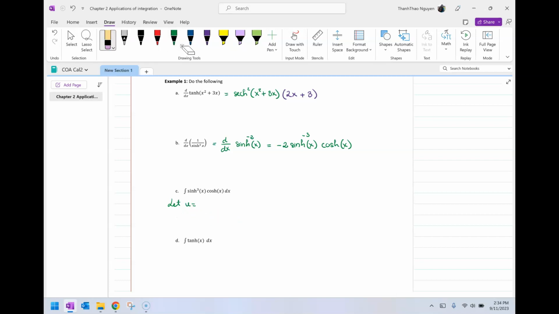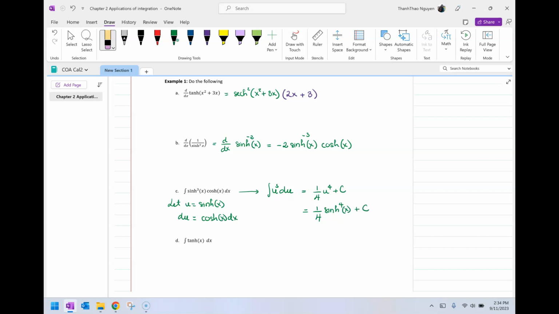Let u equal sinh of x. Then du equals cosh of x dx. Then I can rewrite my integral as the integral of u cubed du, which is equal to 1/4 u to the 4th plus a constant, and use the substitution. So we have sinh to the 4th of x plus the constant C.